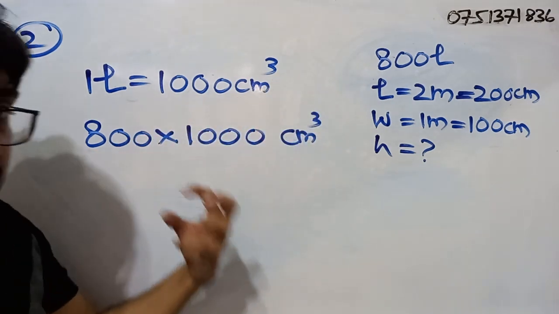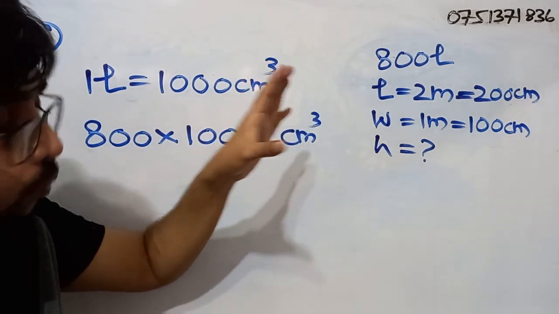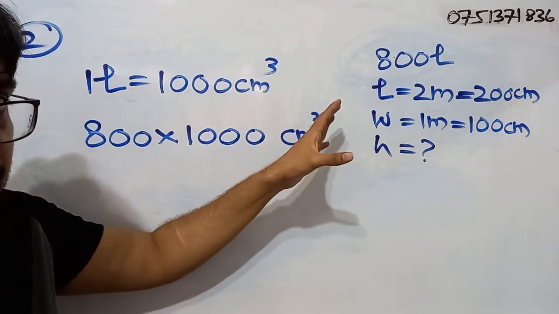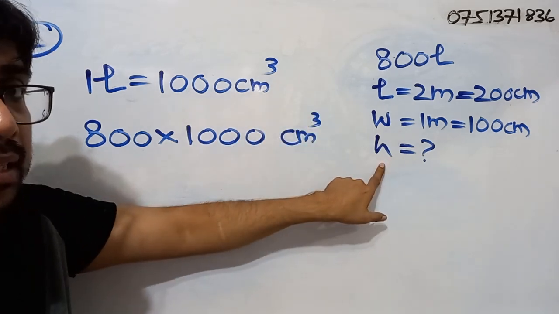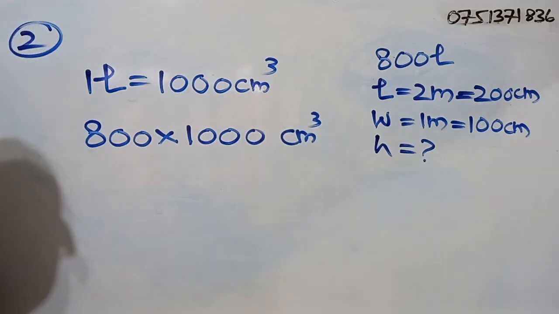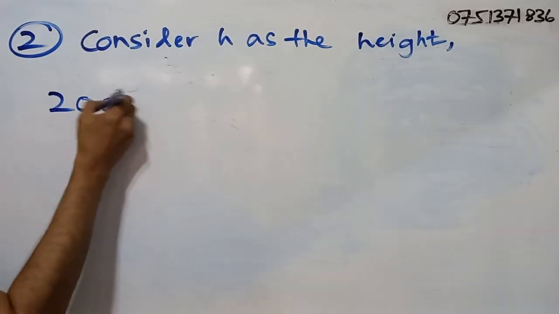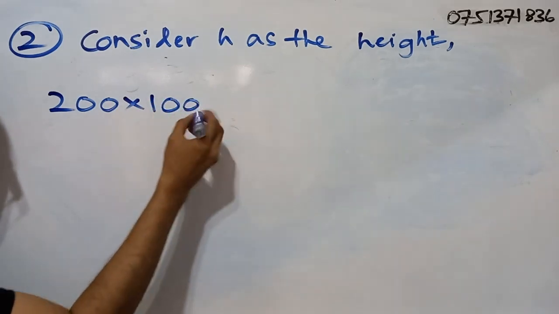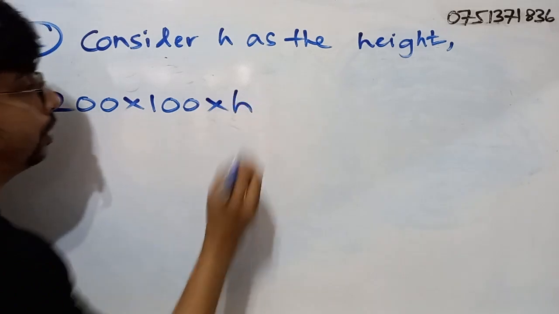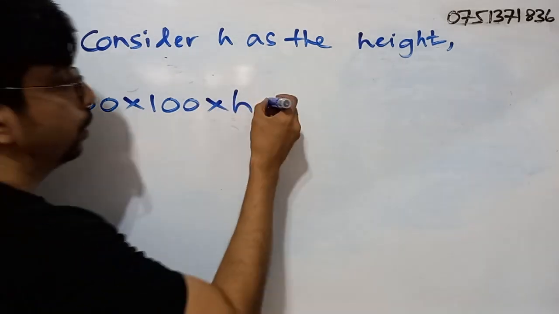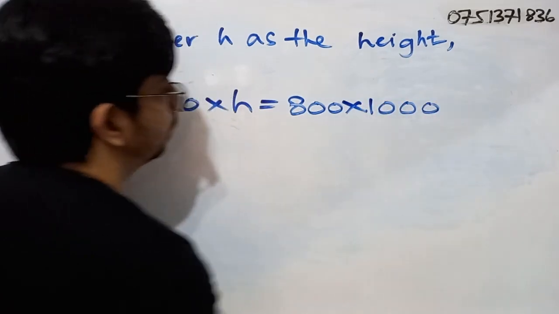So simply considering the formula for the volume of the concrete tank, we can easily find simple h, right? Okay, so we will consider simple h as the height. 200 into 100 into, this is the length, this is the width, into simple h. So that is equal to 800 into 1000.